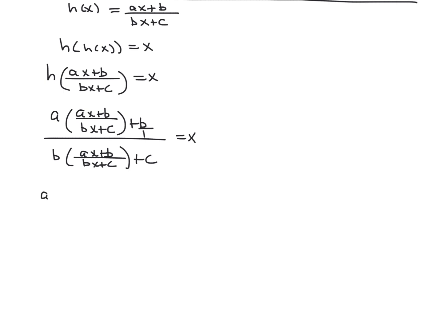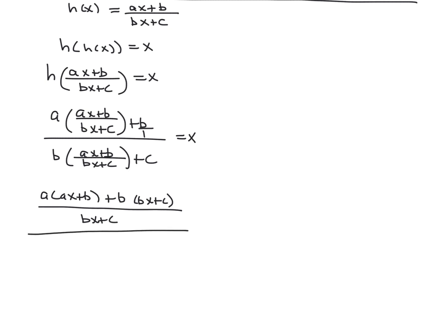So that's going to be (ax plus b) times (bx plus c) all over (bx plus c). And then the denominator, the bottom guy, that's going to be a times (ax plus b) plus c times (bx plus c) all over (bx plus c).